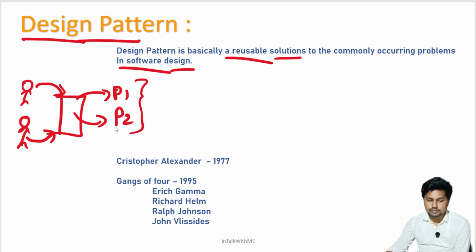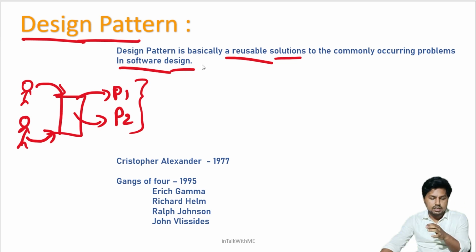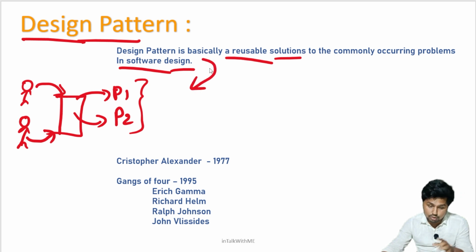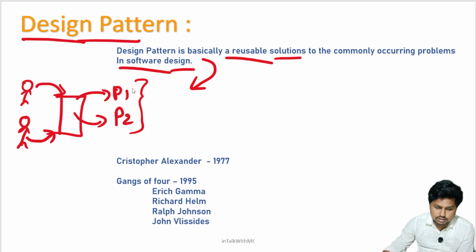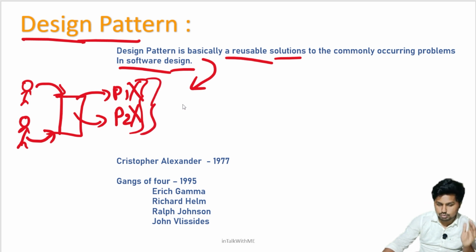So what design pattern actually does is, it is basically a way of developing software. If you follow this approach while developing the software, then some of the problems might be reduced or eliminated.